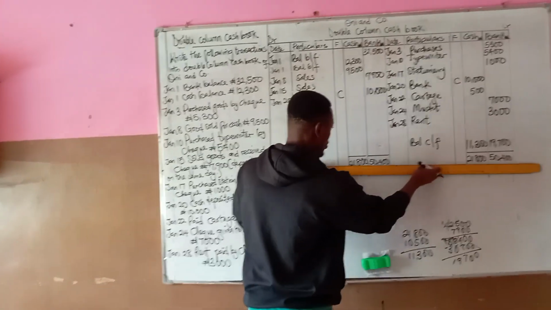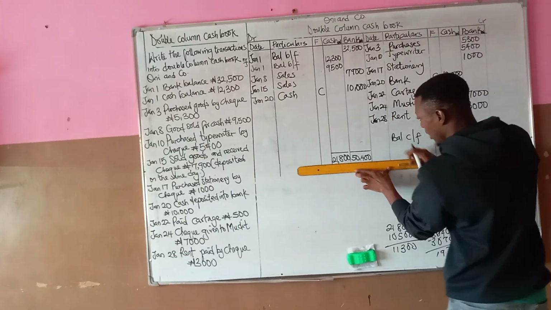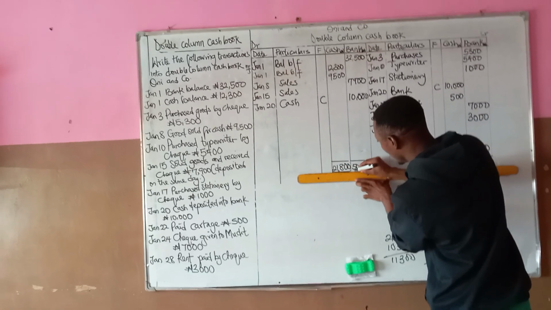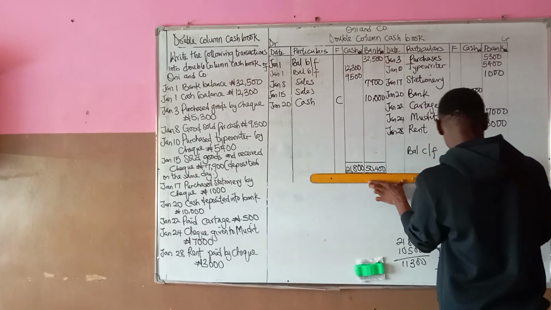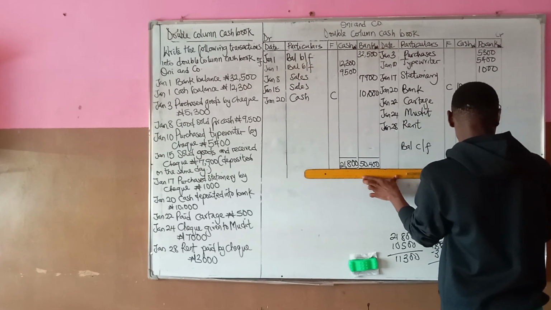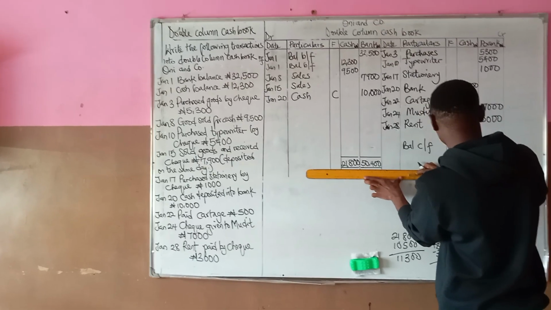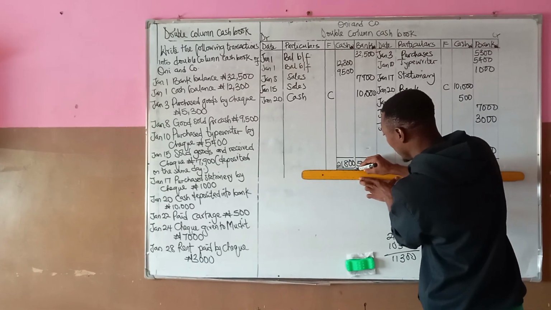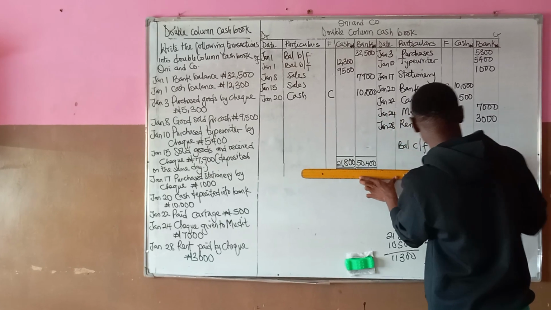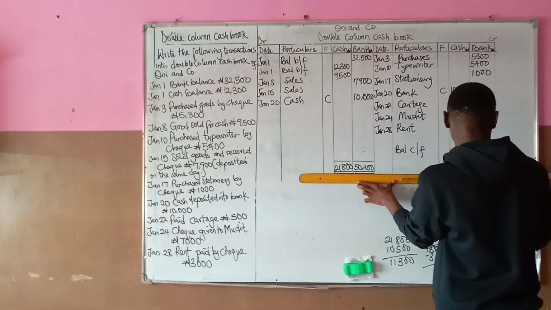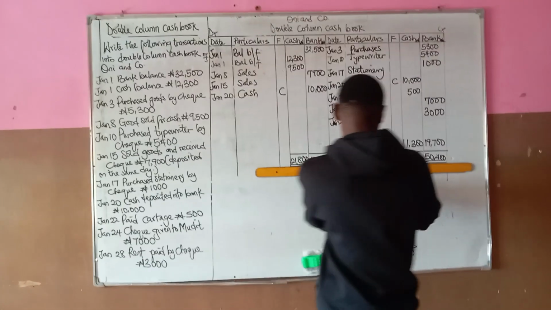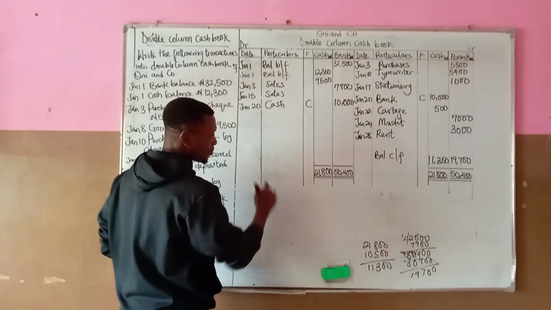So I will just close. Remember, I said in accounting, when you're done, you must close with double line, not single line. When you close with single line, it means you are not done with your calculations, that you are still posting. And definitely, one line in accounting definitely means subtraction, meaning you still want to subtract.